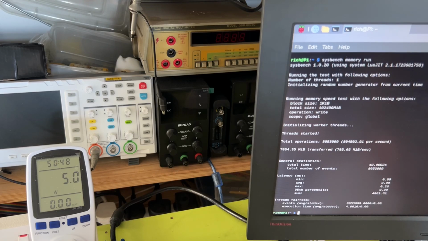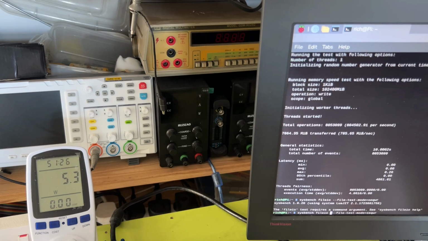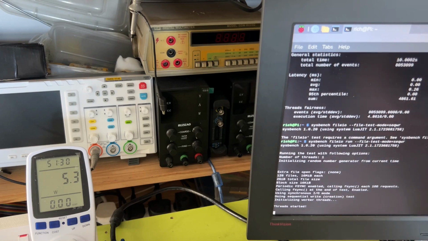Let's have a look at the file performance. So file IO, file test mode equals sequential write read. I'll actually run it first. 6.5, 6.8, 7.